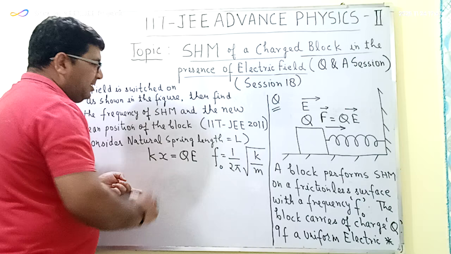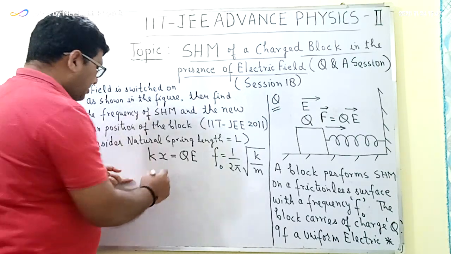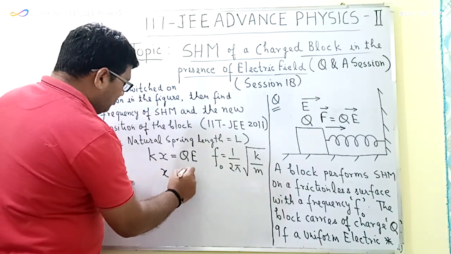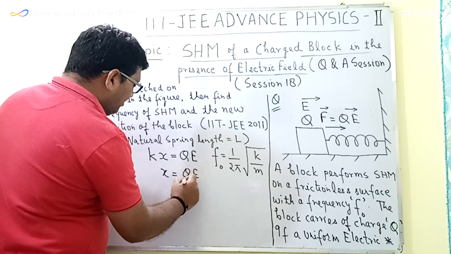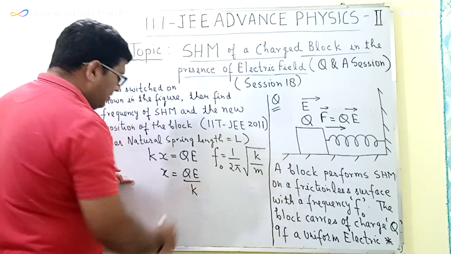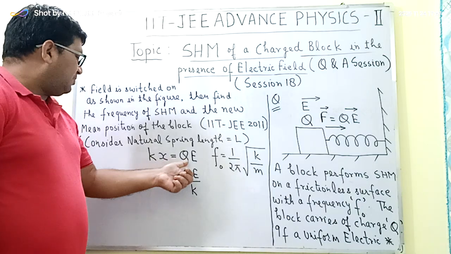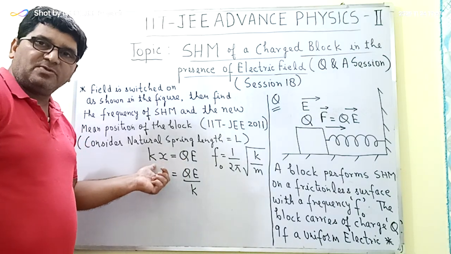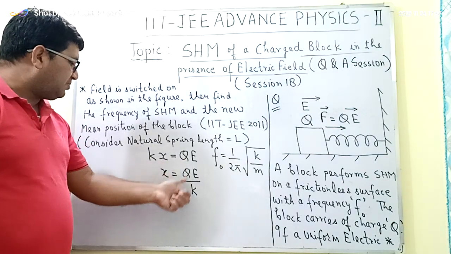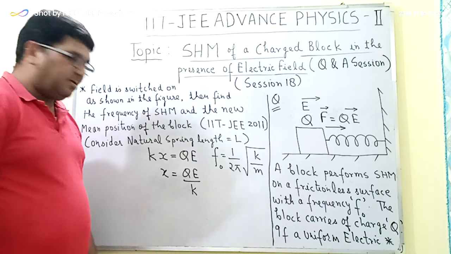Here x is the compression of the spring, so the compression will be equal to QE by K.